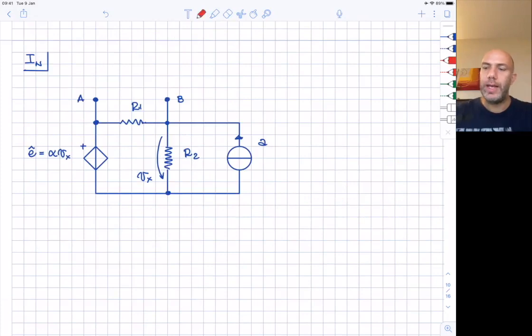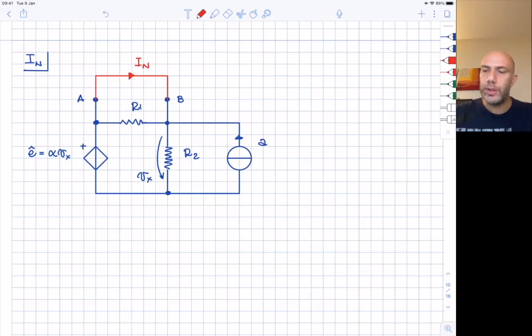For curiosity, let's also calculate the Norton's current. That is the current that flows in this circuit here when we short circuit the terminals A and B. The current IN.